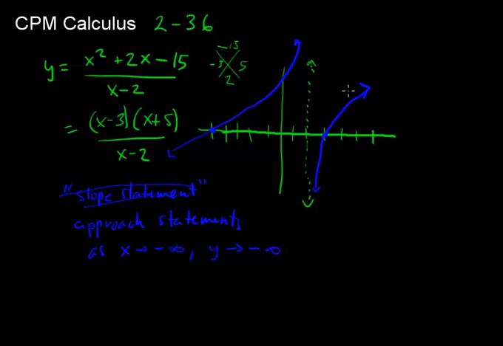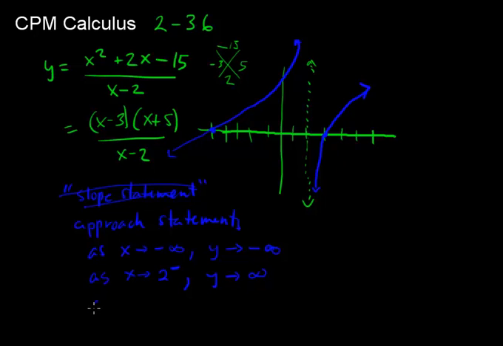So we're going up here, down here. From the left, how do we say from the left? Well, we put a minus sign to the right of the number. So as x approaches 2 from the left, y approaches positive infinity.